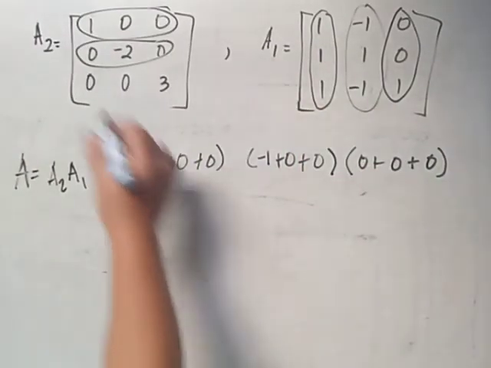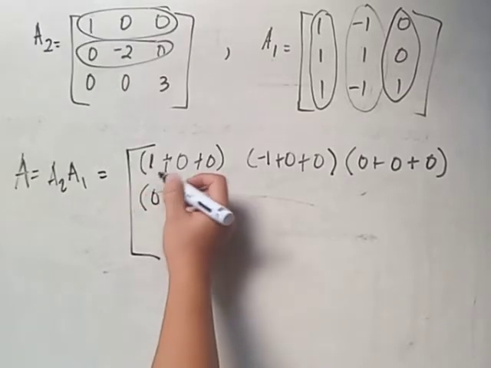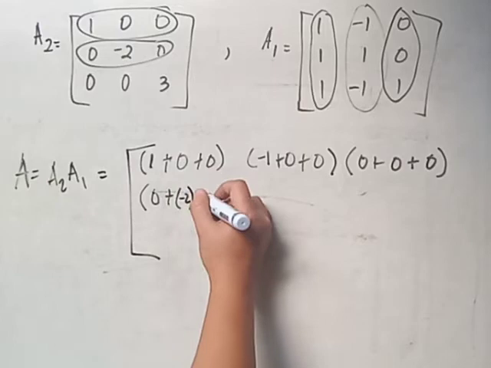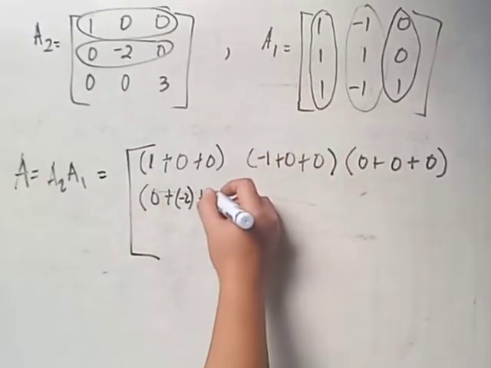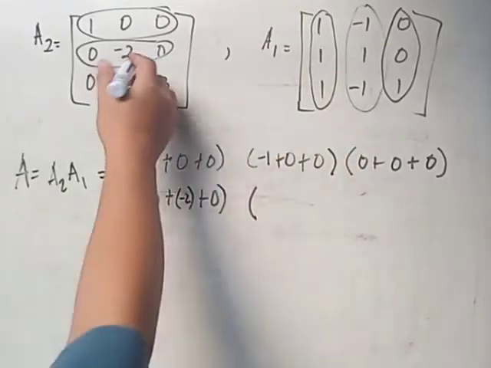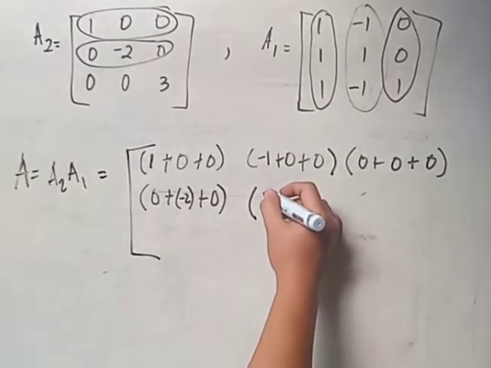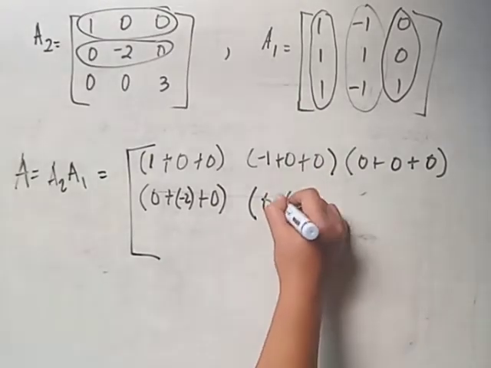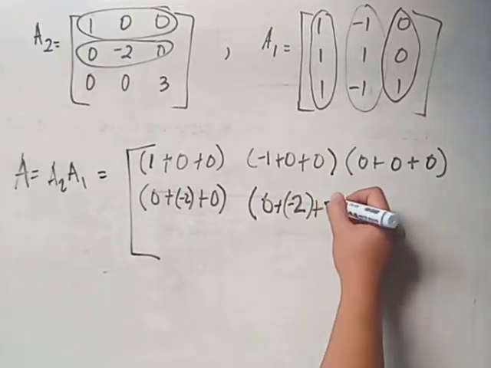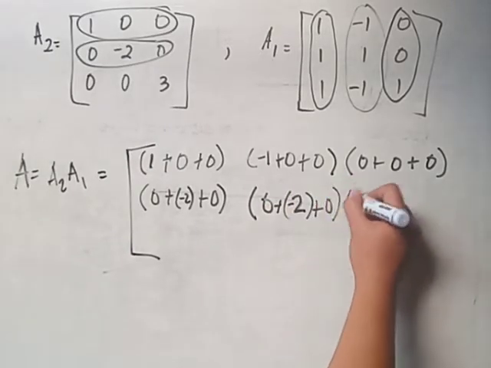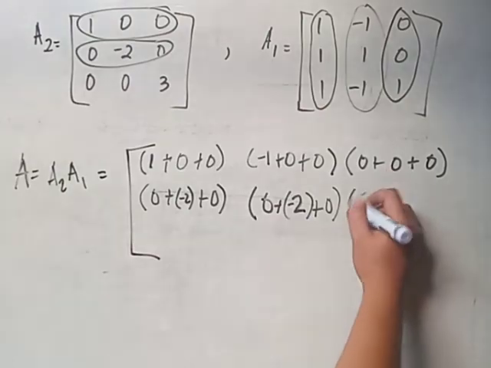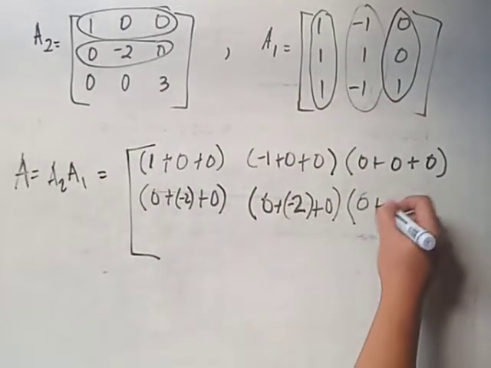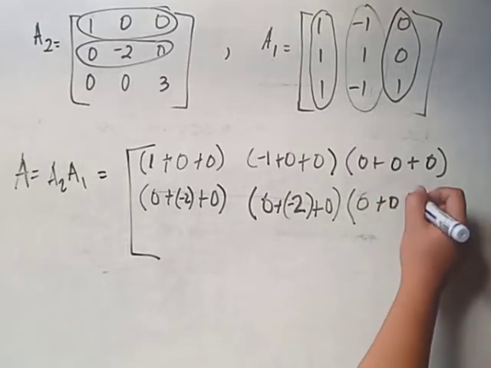So that's 0 times 1, that's 0. Negative 2 times 1, that is negative 2. Plus 0 times 1, that's 0. And this row by this column, so that's 0, negative 2, and 0. So next, this row by this column, so that's 0 plus 0 plus 0.